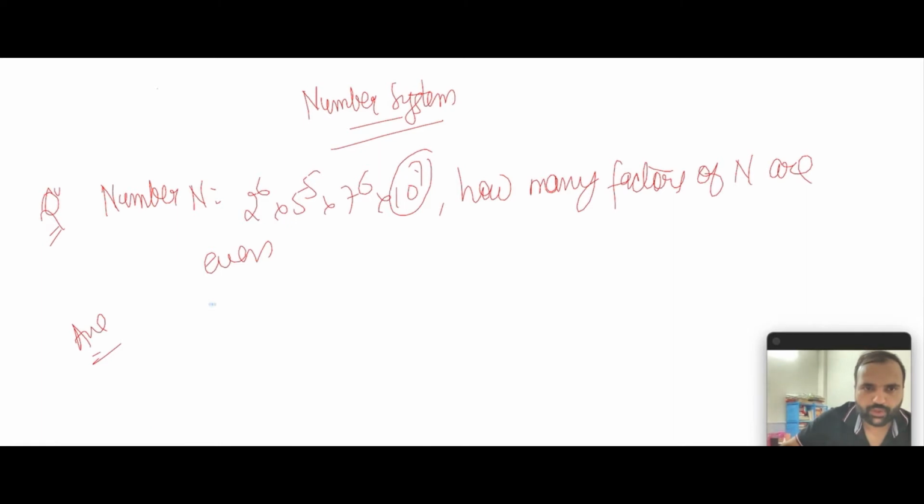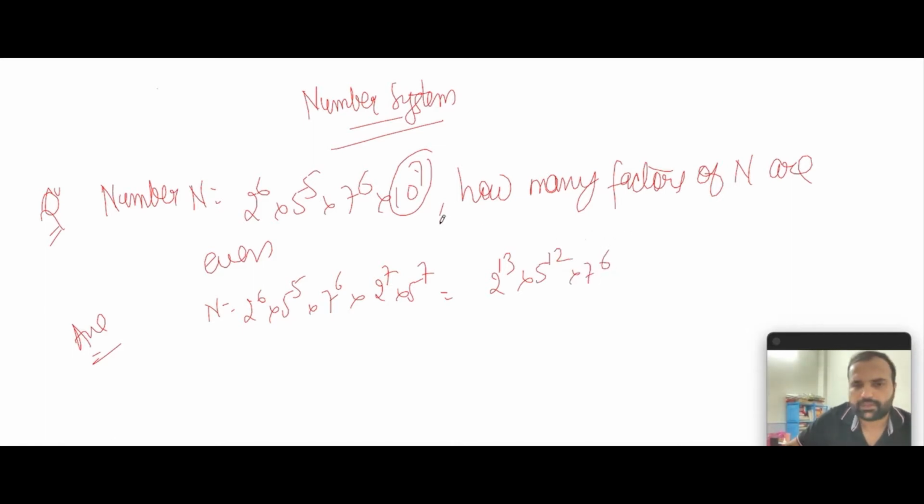First of all, we break this: N equal to 2 to the power 6 into 5 to the power 5 into 7 to the power 6 into 2 to the power 7 into 5 to the power 7. So this will give us 2 to the power 13 into 5 to the power 12 into 7 to the power 6.